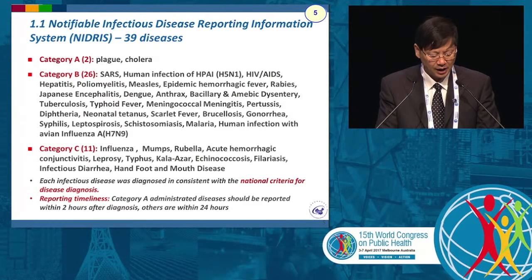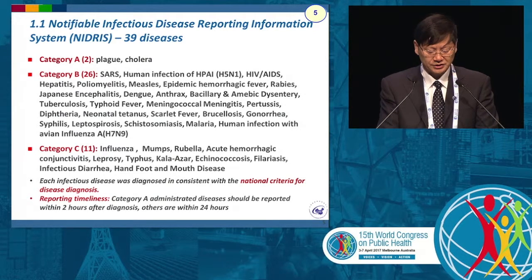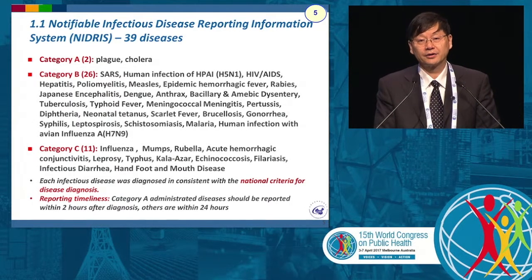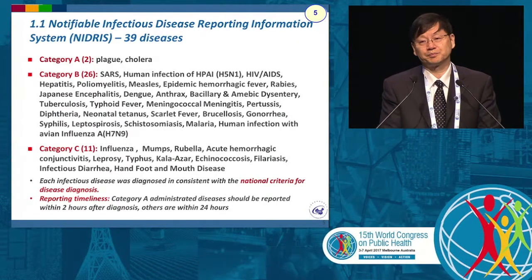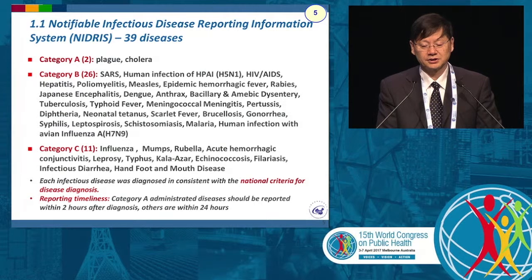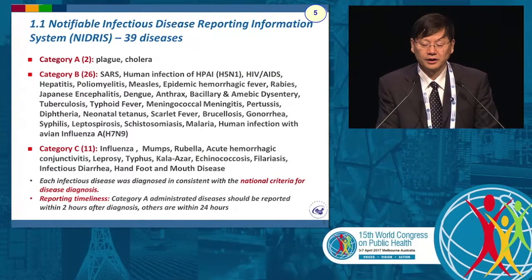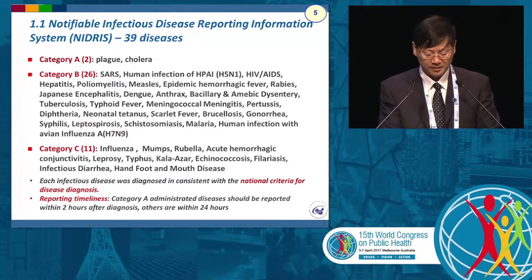These diseases are classified into 3 categories according to their severity and their threats to the public. There are 2 category A diseases: plague and cholera. There are category B, 26 diseases, such as SARS, human infection of avian influenza, and so on.